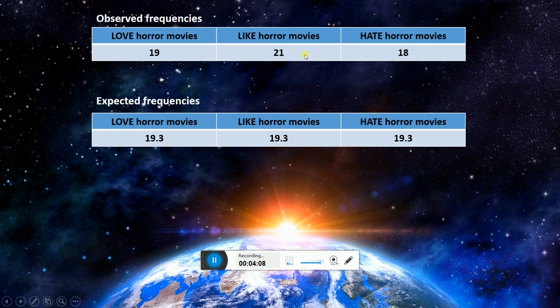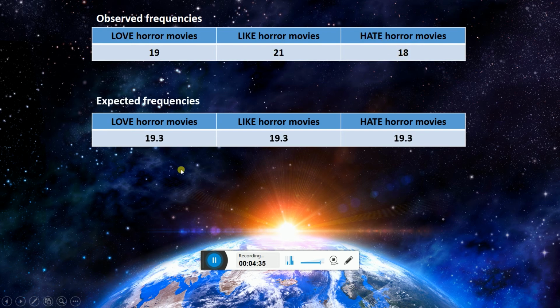So, in other words, we can see that 19, 21, and 18 are different, but our question is, are these statistically different, significantly different? All right. So what we need to figure out is what should we expect to see in these cells if in fact the frequencies were equal.